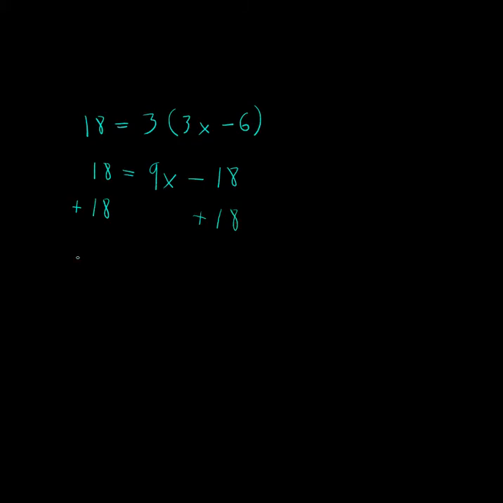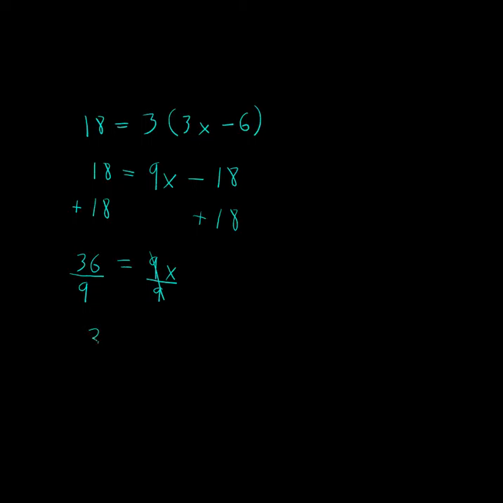Then what we would get left with is 18 plus 18 is 36 equals 9x, and negative 18 plus 18 is 0. So we then can use the division property of equivalence to divide both sides of our equation by 9.